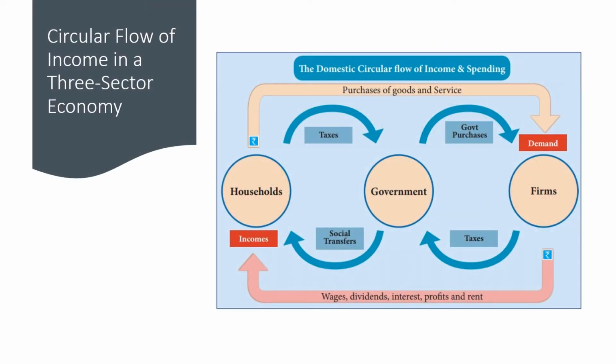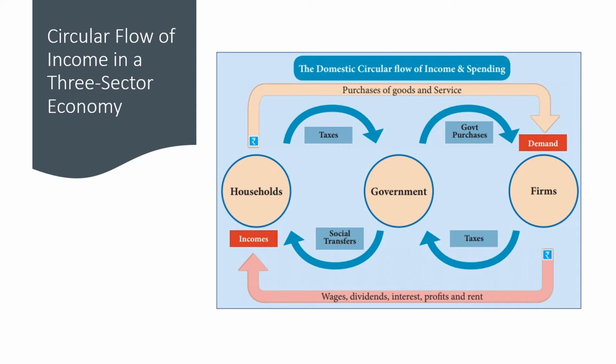Circular flow of income in a three sector economy or three sector model, in addition to household and firms, inclusion of the government sector, as we can see in the diagram also, makes this model a three sector model. The government imposes taxes on households and firms, purchases goods and services from firms and receives factors of production from the household sector.